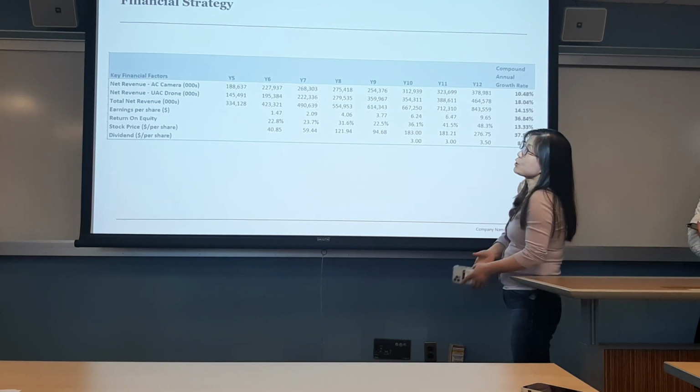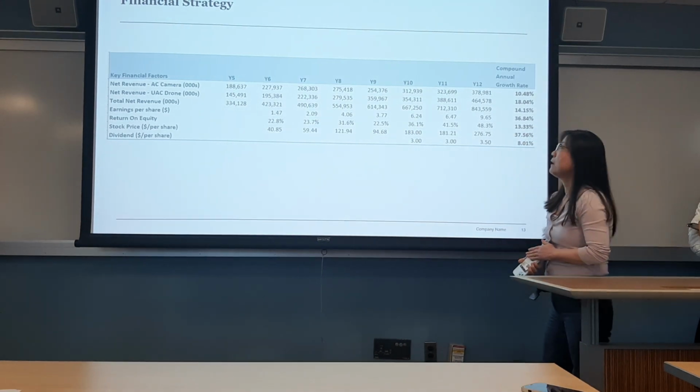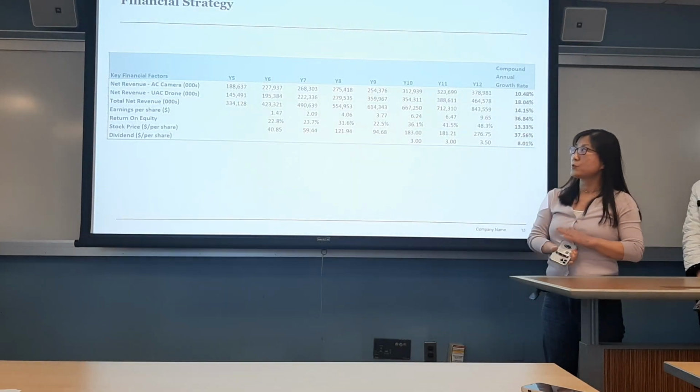So now this topic is about financial strategy. Talking about this financial strategy and how well it fits with our strategy, I think this will be more straightforward to tell you the story. I collected the data.